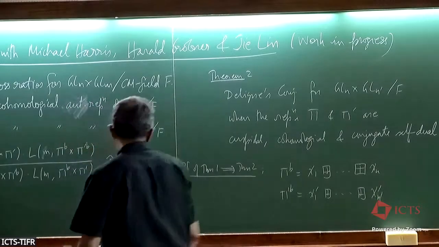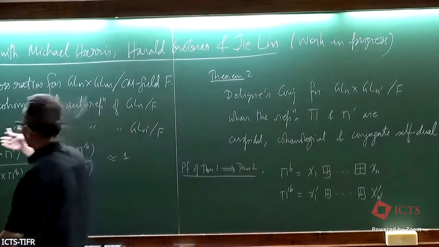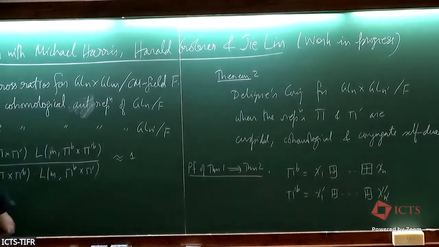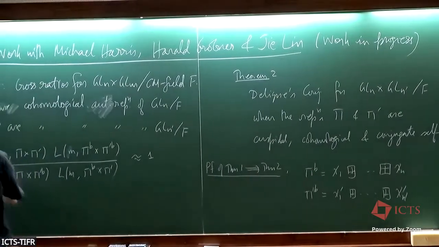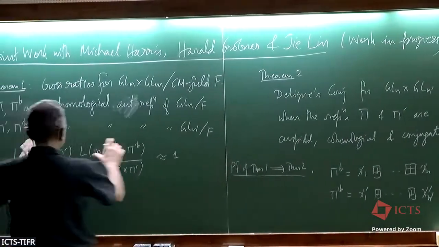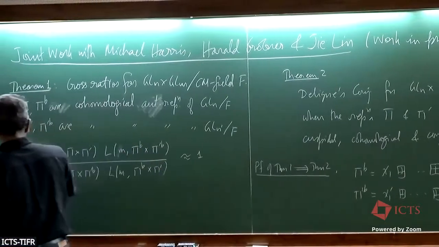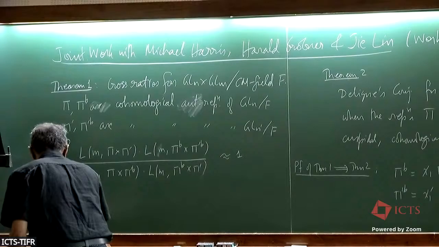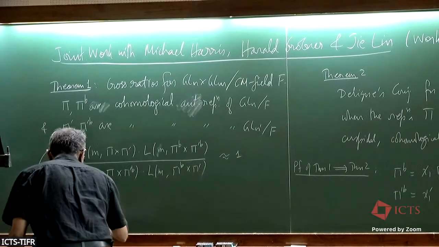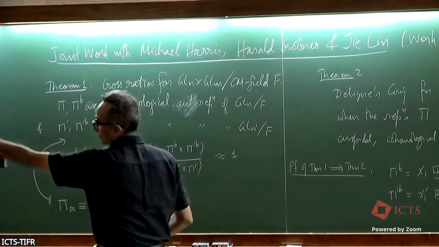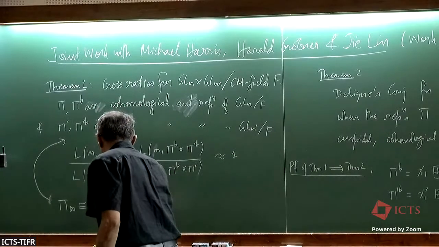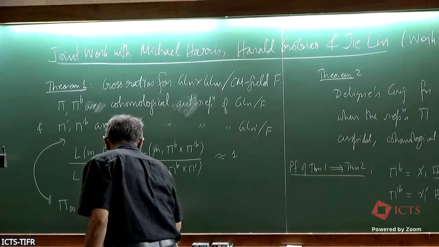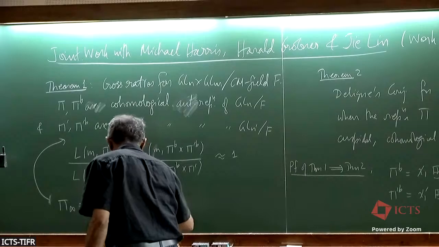I forgot the most important hypothesis. You have to assume that the representations at infinity are the same. The weights are the same, and the parities are the same in that classical example.